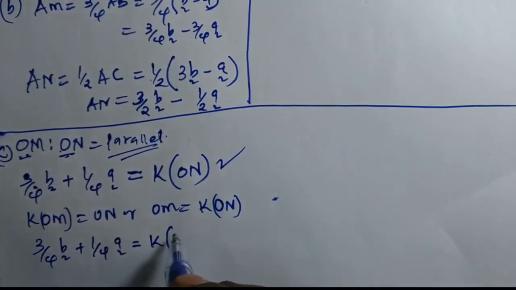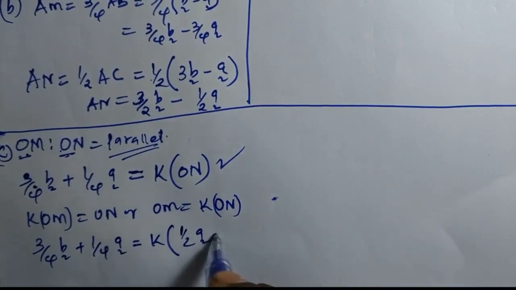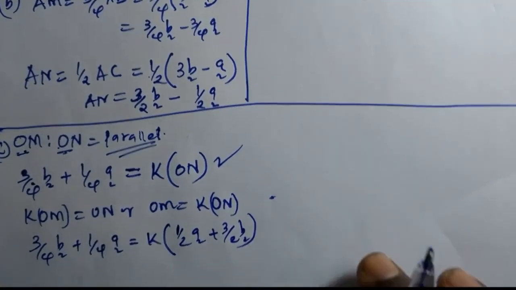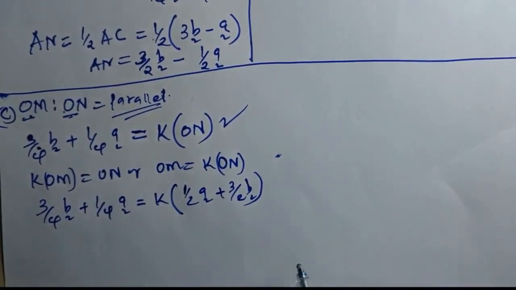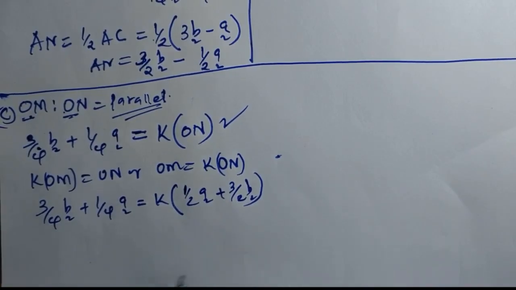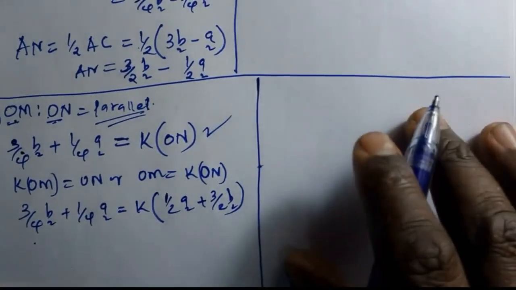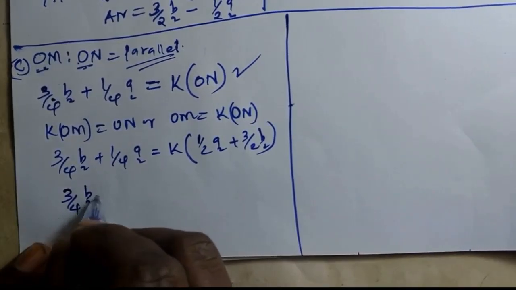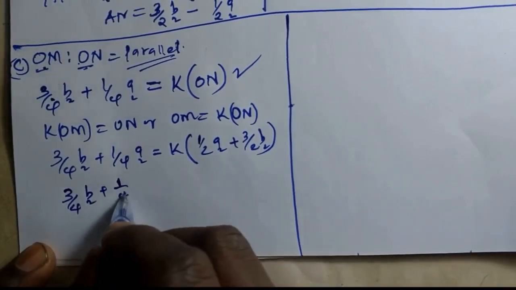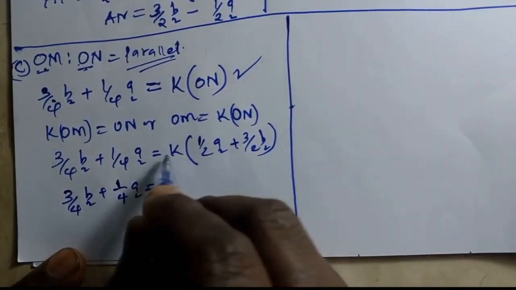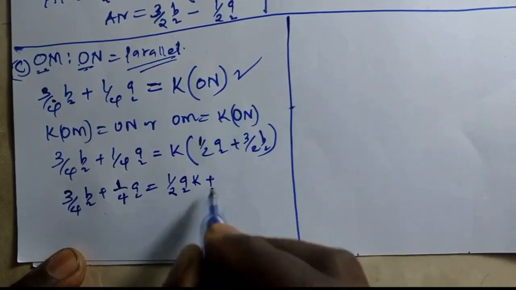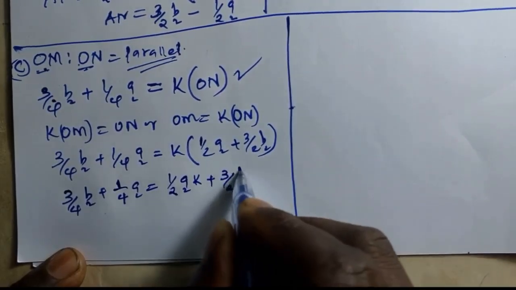I have A plus 3 over 2 B. Now 3 over 4 vector B plus 1 over 4 A is equal, let us open this one, we will have a half A K plus 3 over 2 B K.